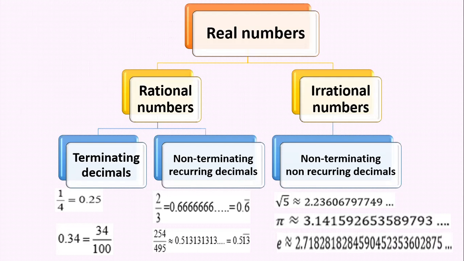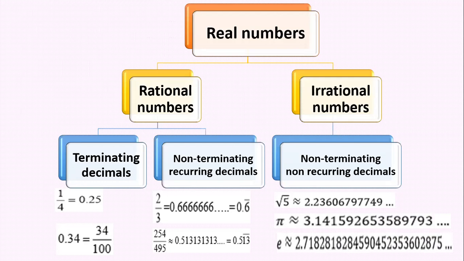The first two categories, terminating decimals and non-terminating recurring decimals, are called rational numbers, and the numbers in the last category are called irrational numbers.